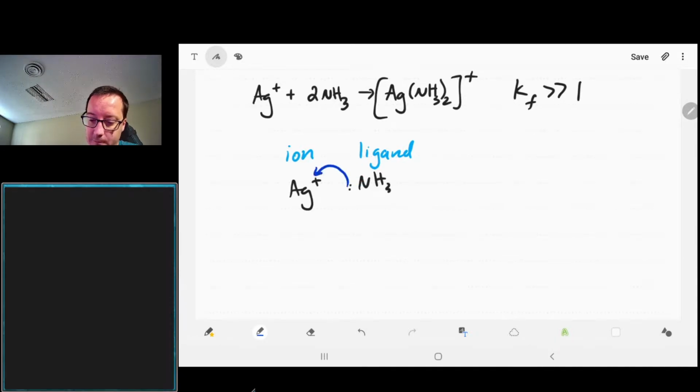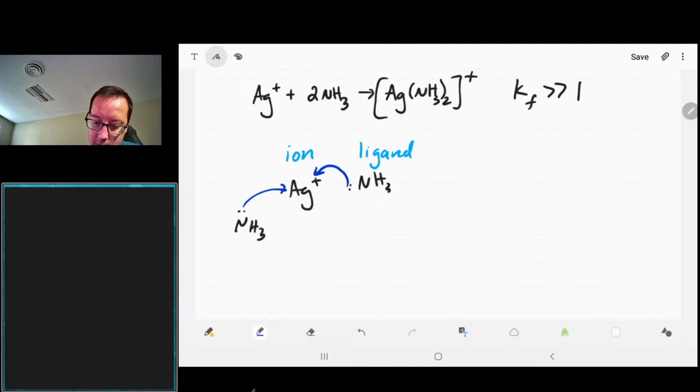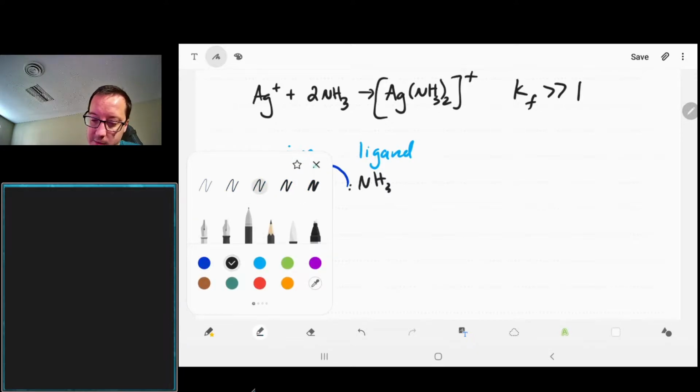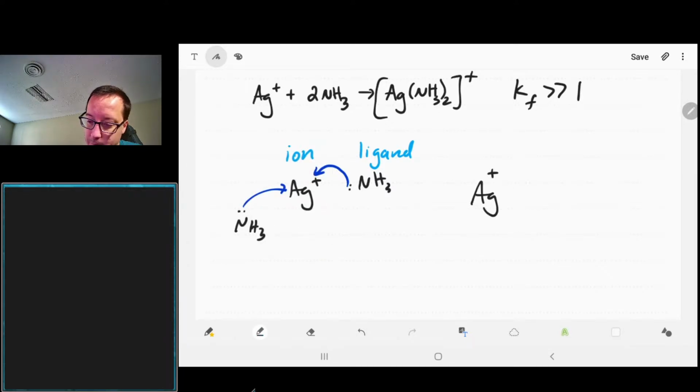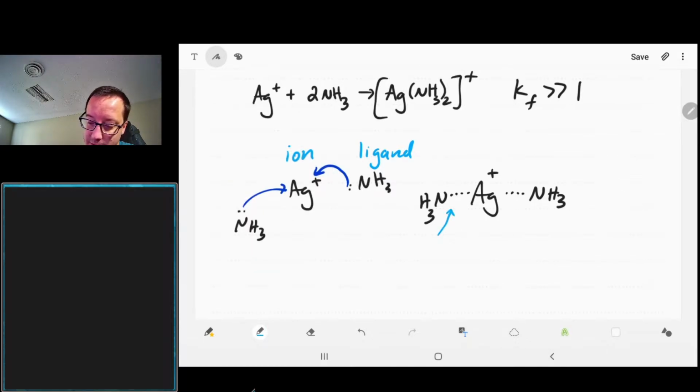What they can do, and we can have another one on the other side or something, is they will form a special kind of bond, which I'll denote this way. It's not a true covalent bond, but it is still stronger than your standard run-of-the-mill intermolecular force. We're going to see that this is something called a dative bond.